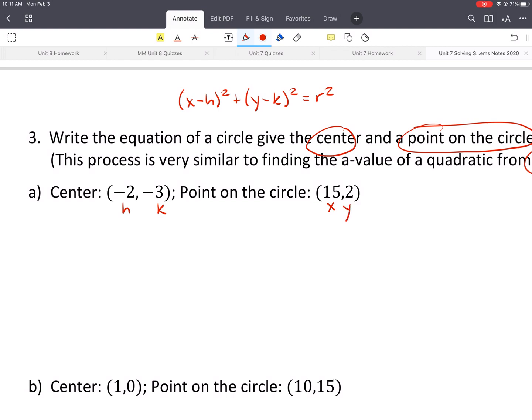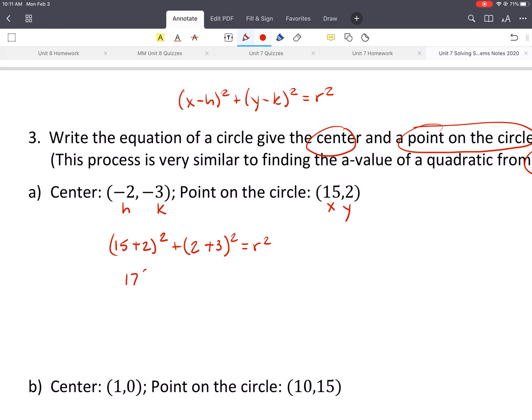So we're going to plug in everything that we have. So 15 minus a negative 2 gives us a positive 2 squared plus y is 2, minus k, well k is a negative 3, so it gives us a positive 3, squared is equal to the radius squared. We don't know what the radius is. All right, so now we just need to simplify.